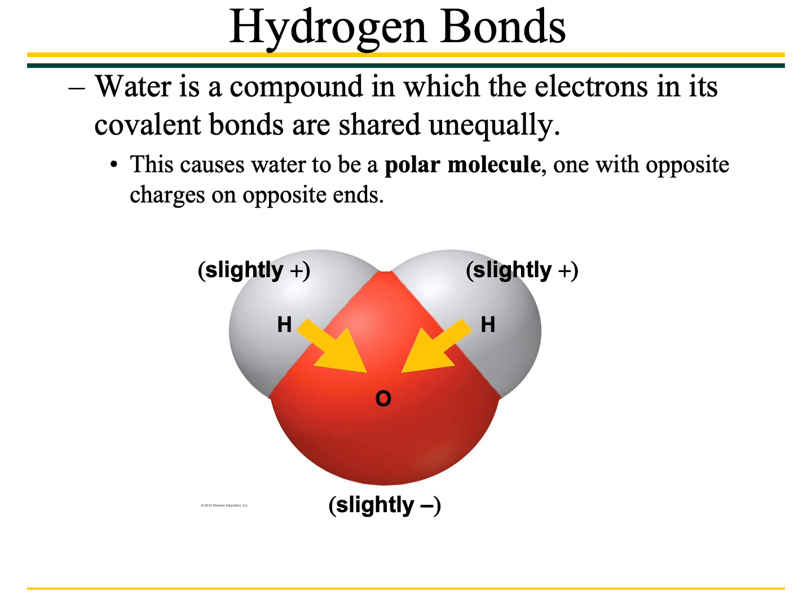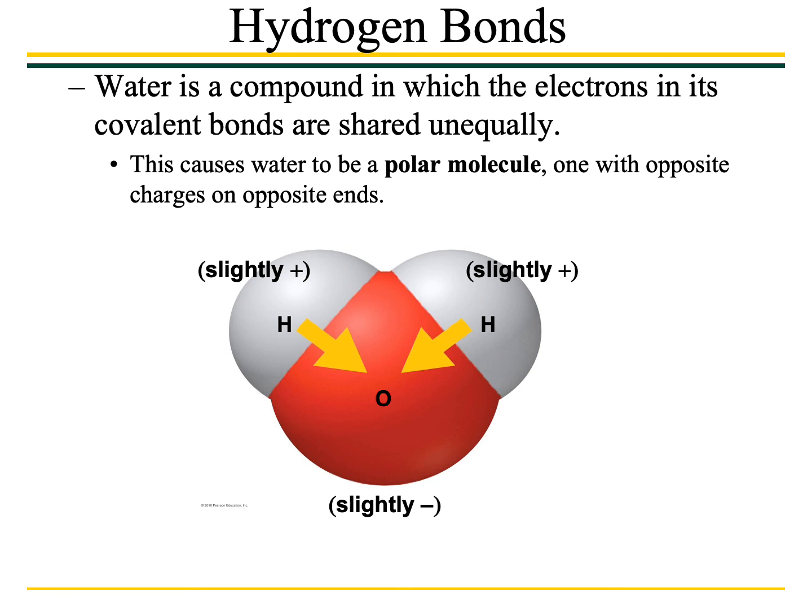The electron may spend more time around the nucleus of one atom compared to the other atom in the covalent bond. This is what happens with water. Specifically, the electrons that are part of the hydrogen atom tend to spend more time around the oxygen atom than they do around the hydrogen atom.